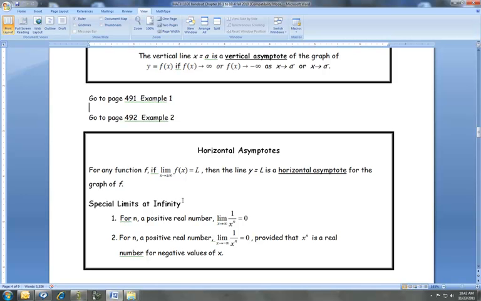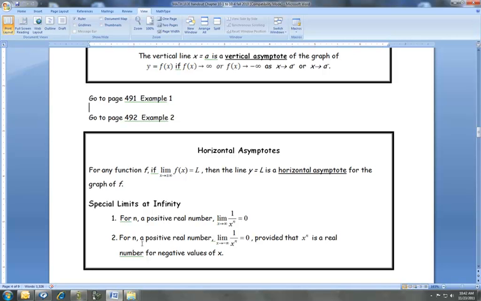Now special limits at infinity. For n, a positive real number, if you take a limit of 1 over x raised to whatever power you want as x goes to positive infinity, this thing gets smaller and smaller and smaller, and technically it goes towards 0.